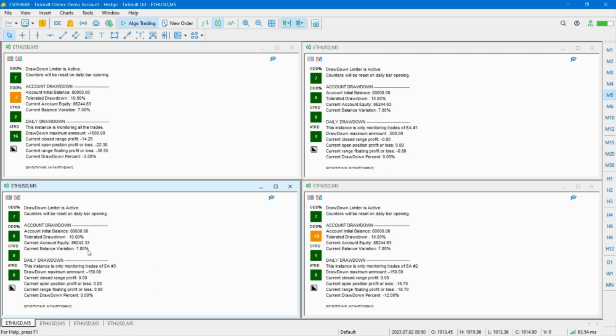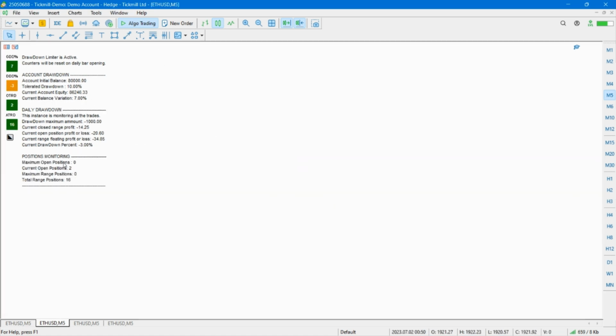And with EA number 3, no trades were taken during the day today. And if you notice on the global account, I have already taken many trades outside those EAs that are tracked here. So I have taken around 16 different trades, and the daily drawdown and the positions that I can see here are really the total for the account.